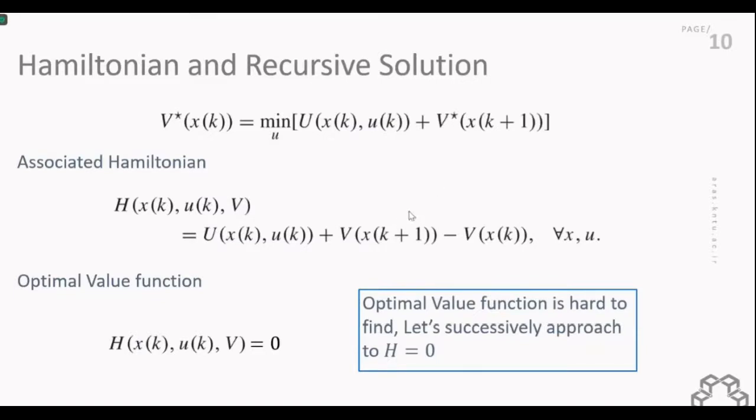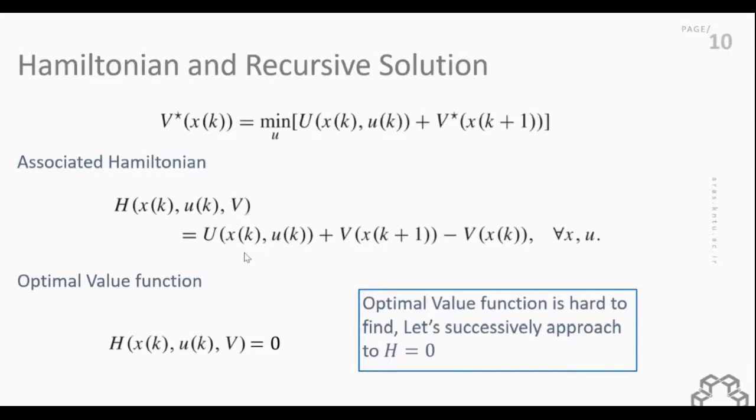And if we write down everything on one side, you see here we have the cost function plus the value function. By the way, it's not the optimal value function, it's just for some given value of u. Minus V of x, it's called the Hamiltonian. It's the associated Hamiltonian with the input that we have applied.